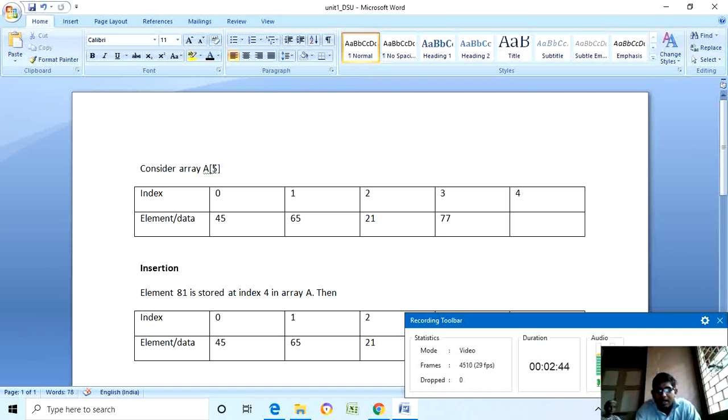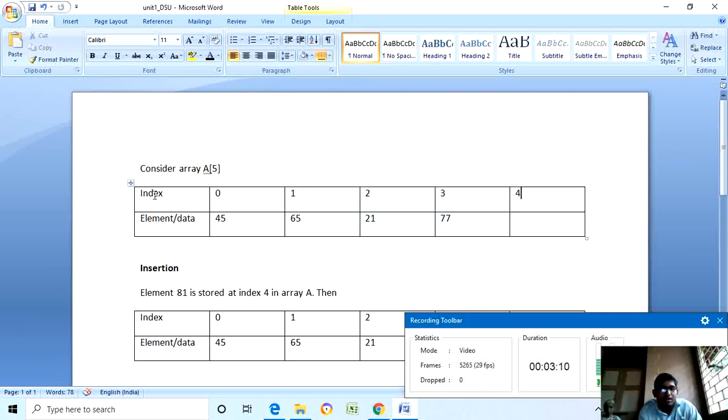I am considering an integer array, and array A has a size of 5. For an array, the index starts from 0 and it ends at 4, that is size minus 1. So if array A has a size 5, then the indices are from 0 to 4, which is represented here.